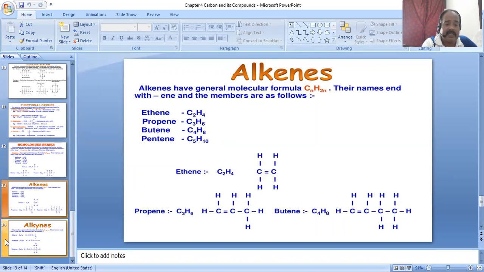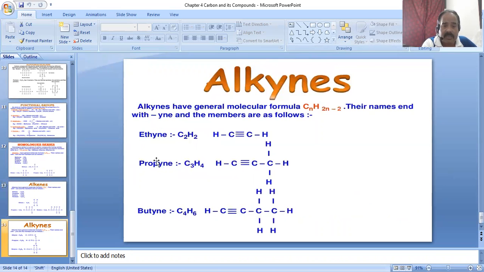Same as usual in the alkyne group. Alkynes have the general molecular formula CnH2n-2, meaning when the hydrogen count is again reduced by 2, the new formula is CnH2n-2, and their names have the suffix yne.